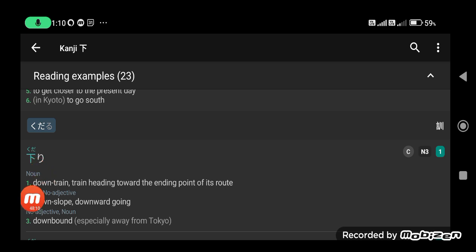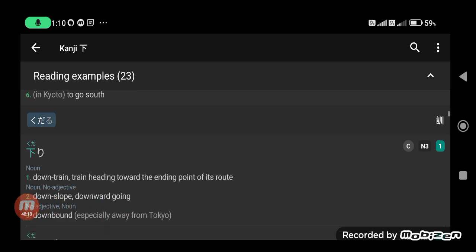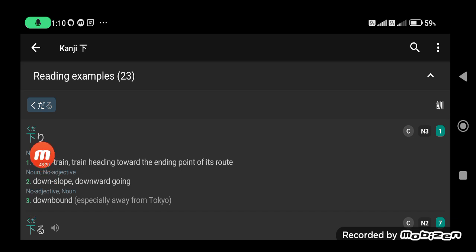Kudaru means to go down, or down train, or train heading toward the ending point, or down slope, or downward going. But here, what is the extracted stem form of kudaru? Kudari. So now the kudaru verb becomes a noun, kudari, because that is the effect of extracting the stem of a verb.